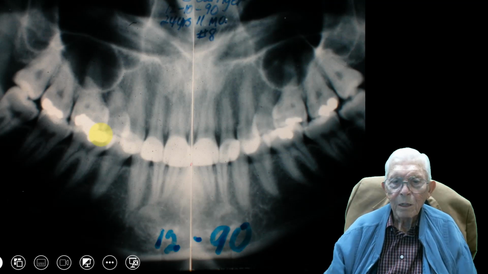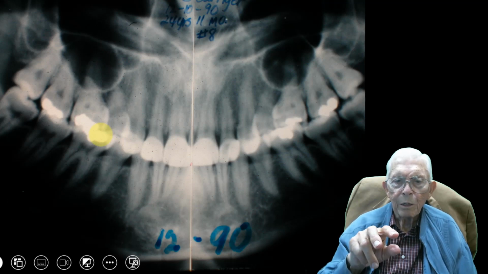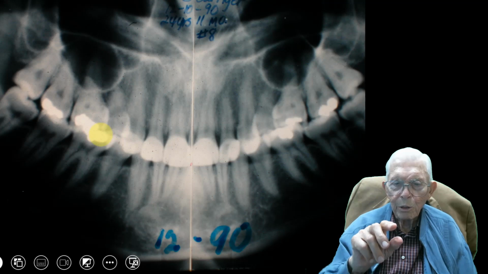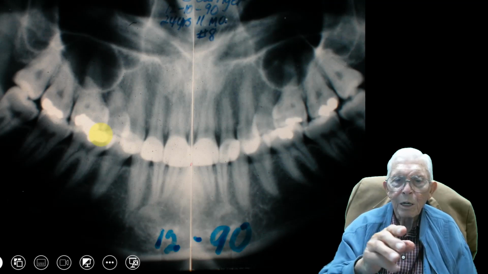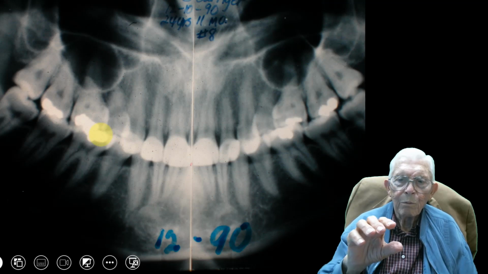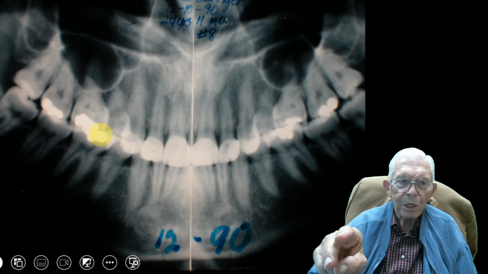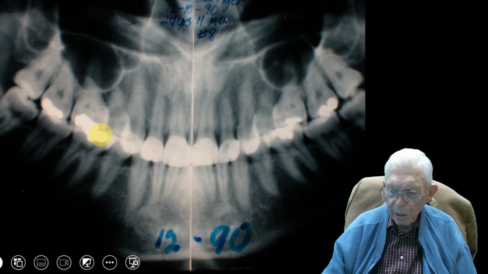But that's how you use this in extremely crowded cases. We did the slicing technique to try to get those teeth room enough to let them come in, but there was no hope for them to do that, so we did that, and she had the wisdom teeth, and they filled in the space.